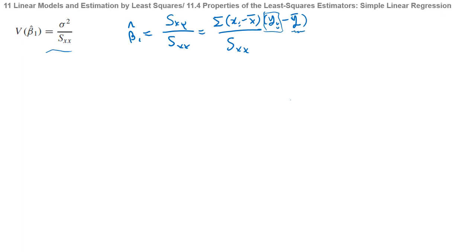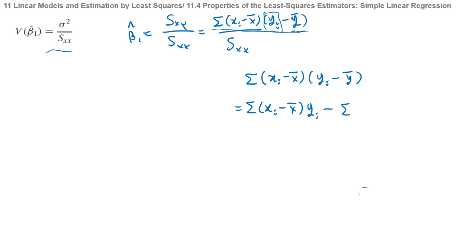If you check the numerator, sum of (xi minus x bar)(yi minus y bar), it becomes the sum of (xi minus x bar) yi, minus the sum of (xi minus x bar) y bar. And actually this part is 0.